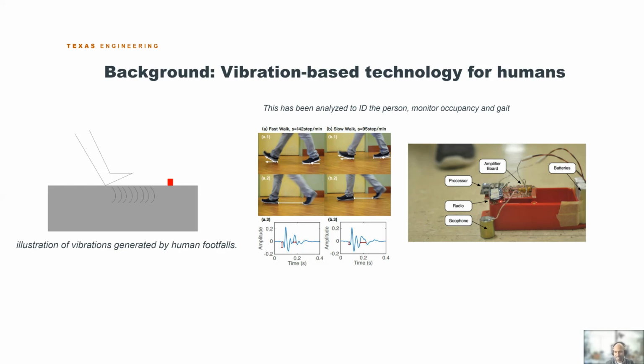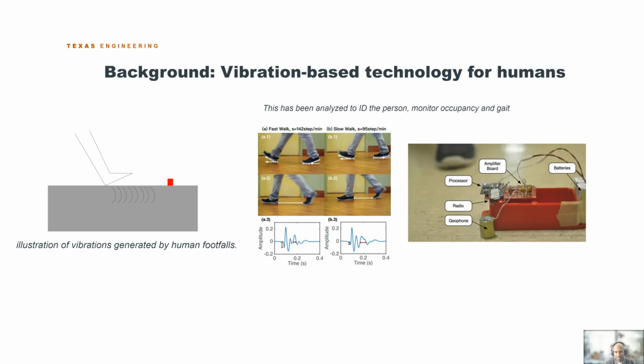And here you see this setup, on the extreme right, where they show the geophone, which is a sensor typically used to measure seismic waves. That is used on the floor to measure these vibrations. So when a person walks, this vibration is picked up.